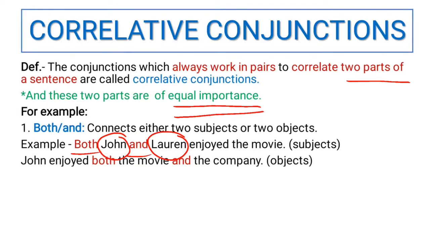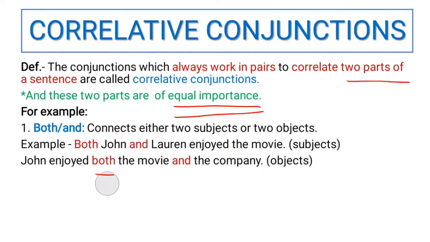Whereas in the second sentence, the same pair is joining the two objects. John enjoyed both the movie and the company. So here, this phrase and this phrase, they both are objects. Whereas here, we are using this particular pair of conjunction to join two words.